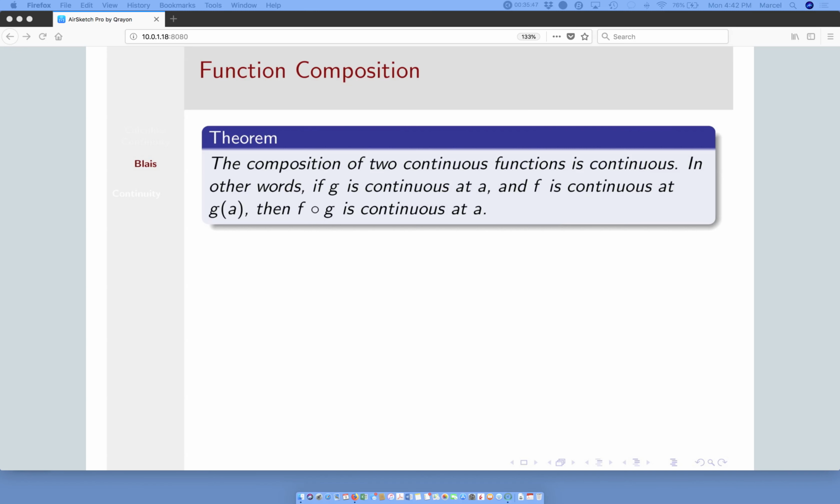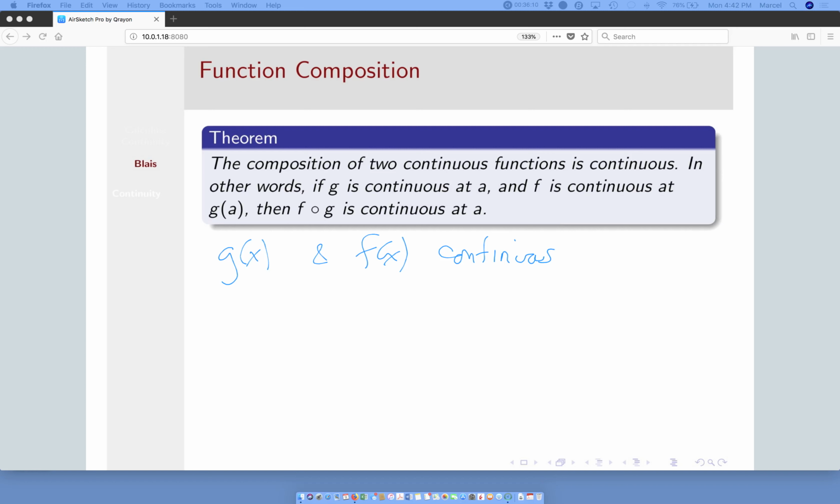The last result we'll look at deals with composition. And it's a fairly simple idea. If you have 2 continuous functions and you compose them, the result is continuous. So g of x and f of x continuous.